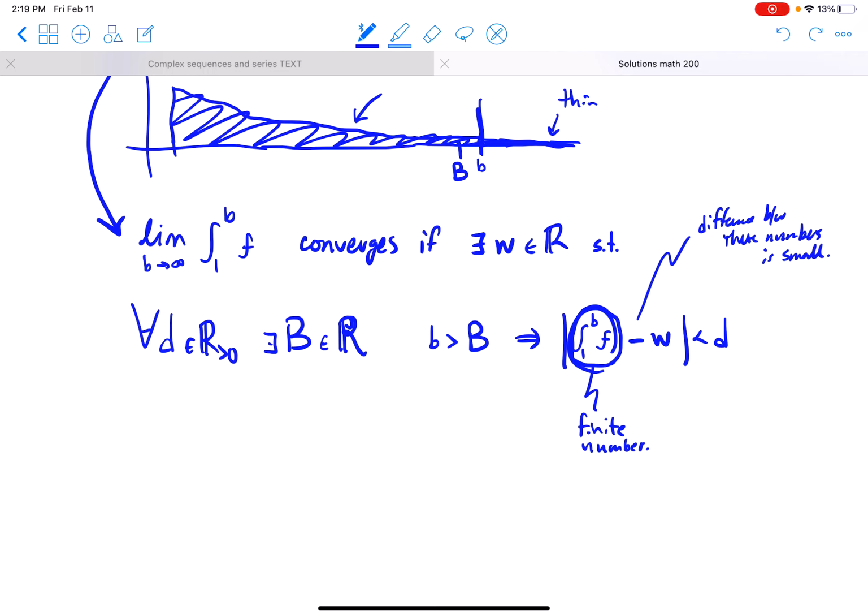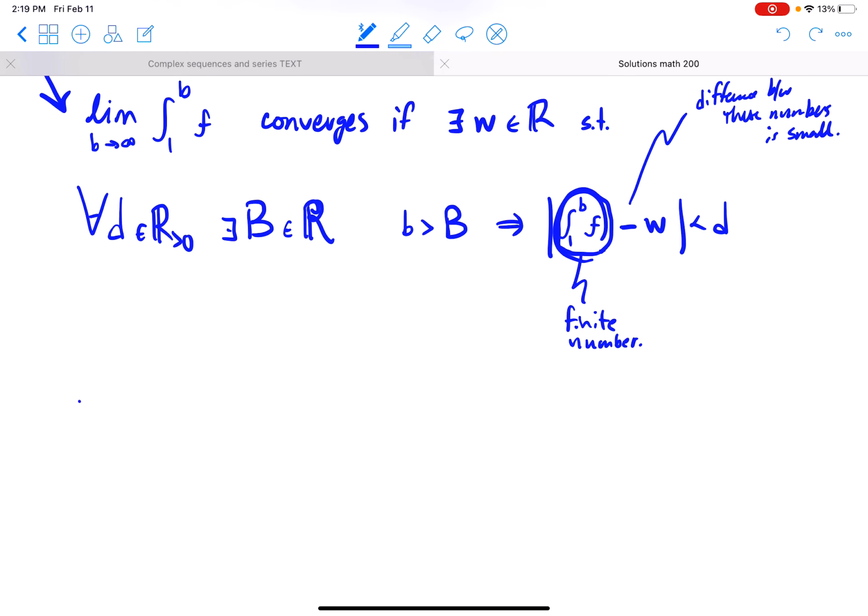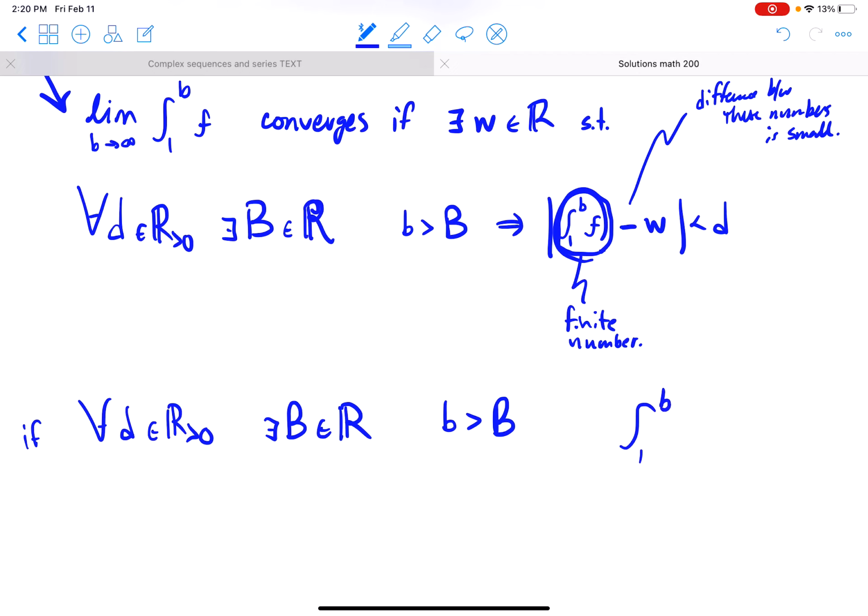Okay, so to be clear, you would just write, if for all d positive real, there exists some place where going past that place and then integrating to that little b, the function gives a number which is within d of this limiting value.